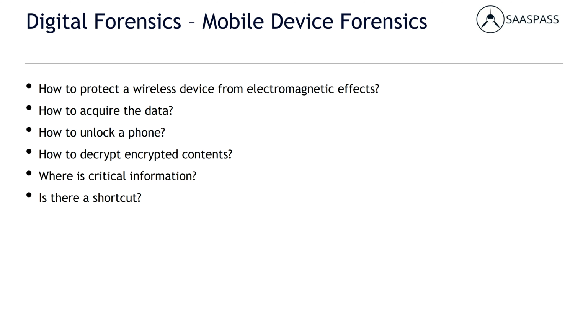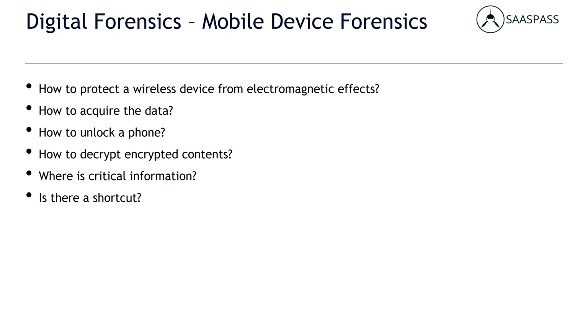The second topic is about how to acquire the data from a mobile device, and we will consider possibilities about unlocking a phone or, let's say, a mobile device in general. We will also try to explain how to decrypt the encrypted contents if possible.